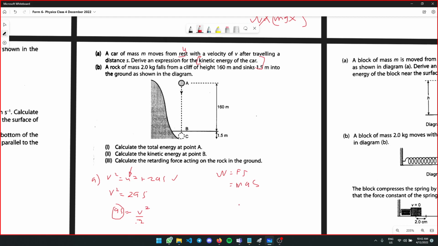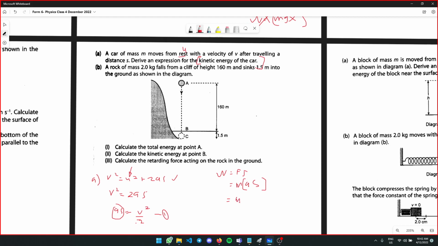So in that sense, what you can do is this: work equals force times displacement, and you know that force is just the product of mass and acceleration. So in here I got acceleration, I got displacement, just now I got acceleration, displacement as well.